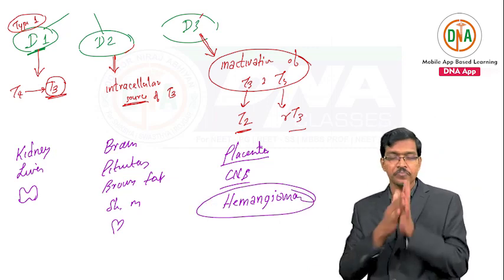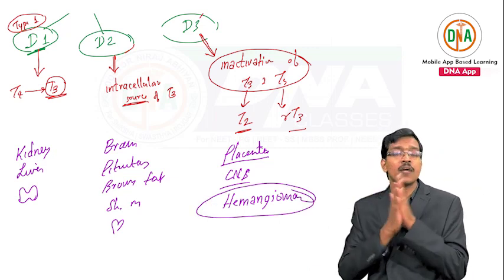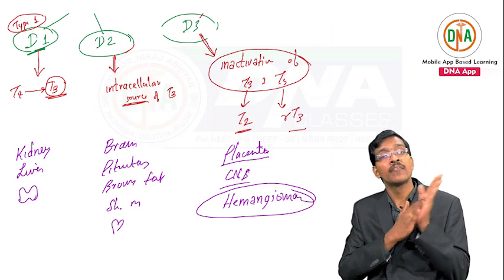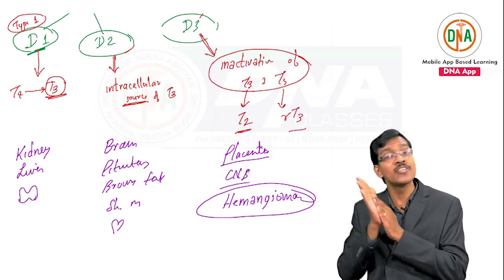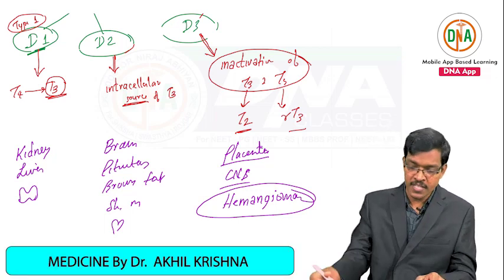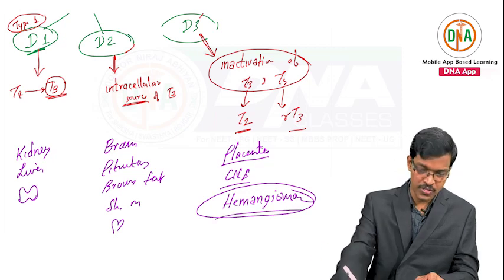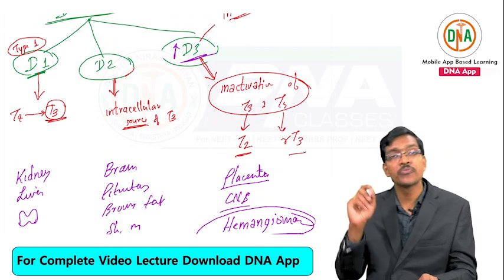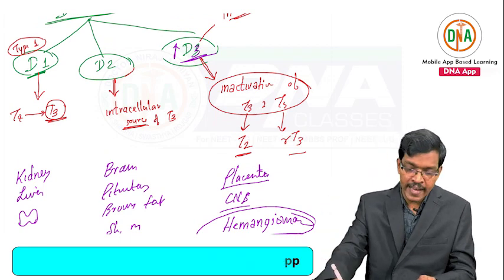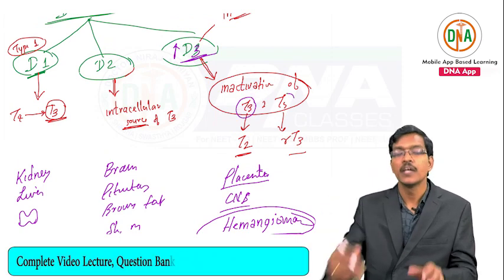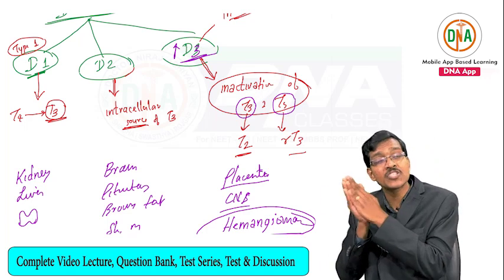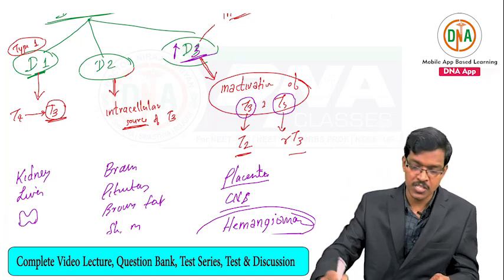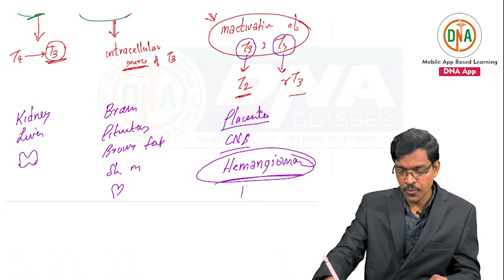Whenever a child comes with hypothyroidism and has some form of hemangioma, this hemangioma will express increased deiodinase type 3, and it will inactivate the thyroid hormones, resulting in the production of inactive forms, and these patients will have hypothyroidism.